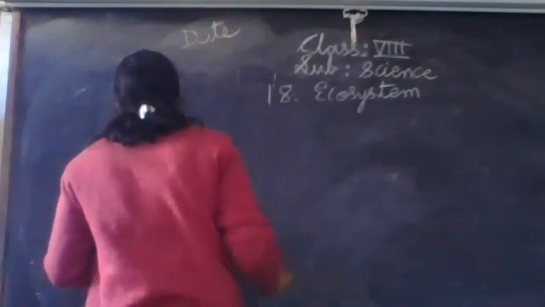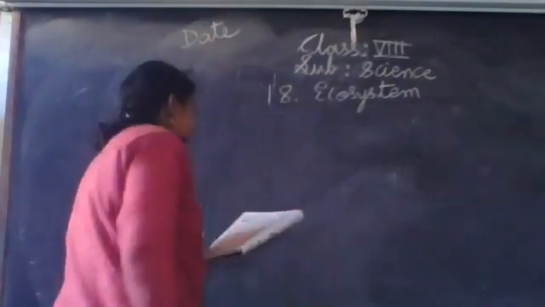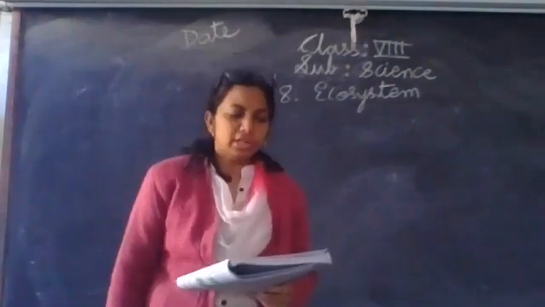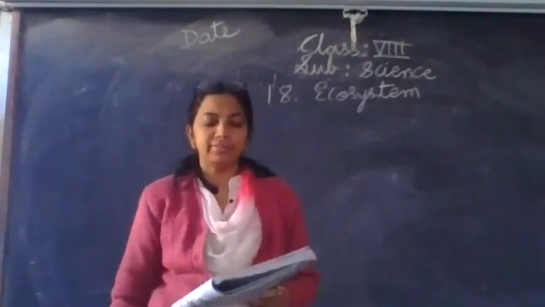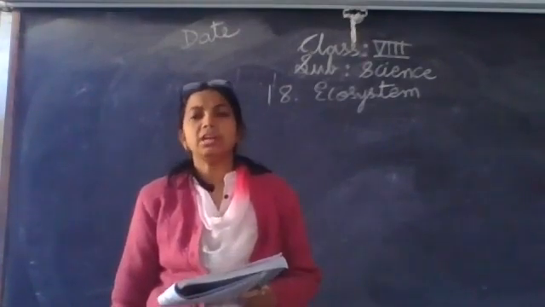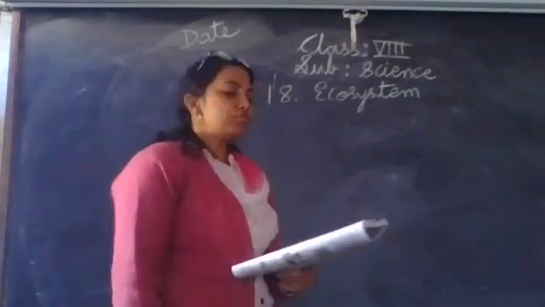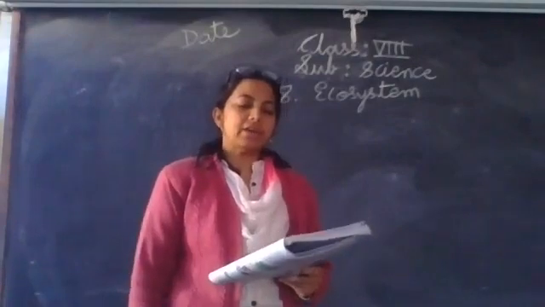So you see, what is an ecosystem first of all? The surrounding world around us is made up of living as well as non-living things, non-living factors around us, and they together combine to form an ecosystem where we are surviving.